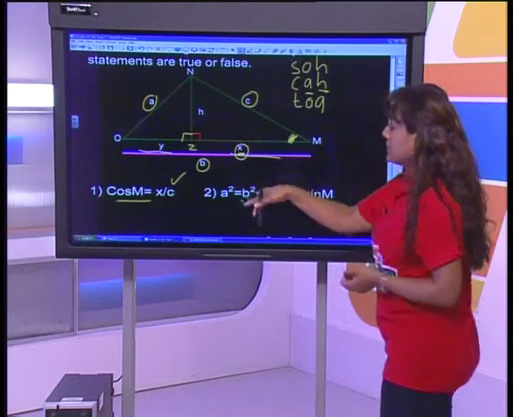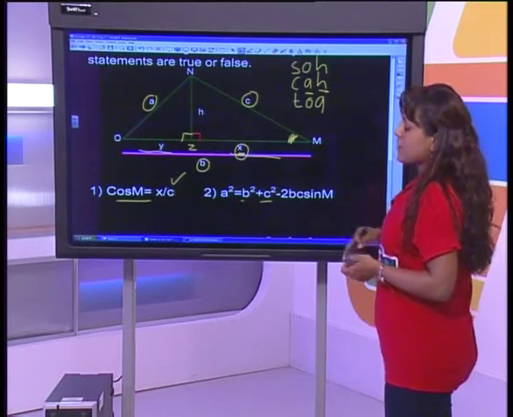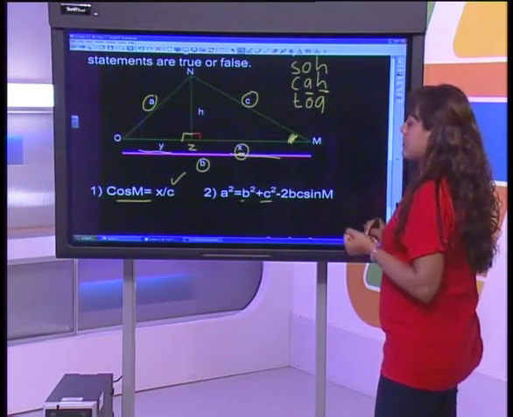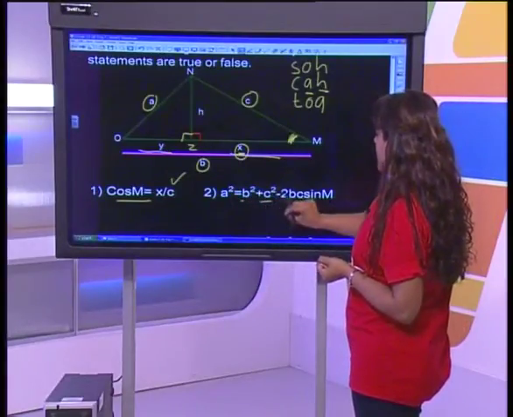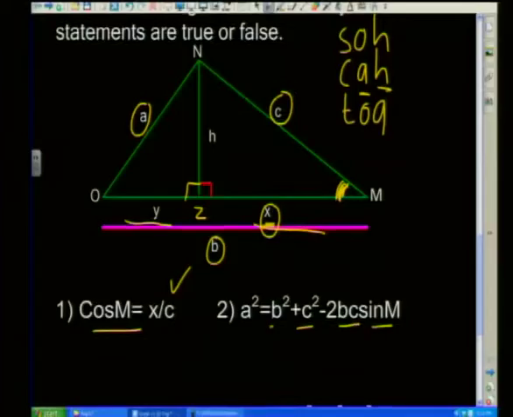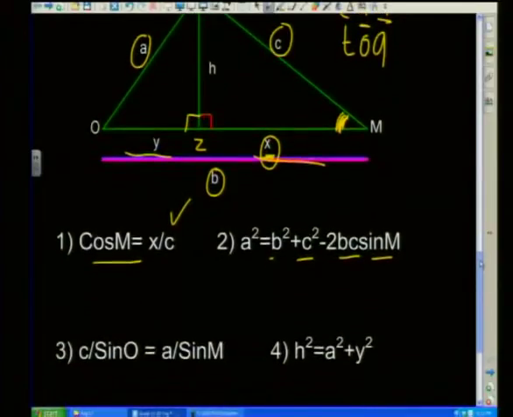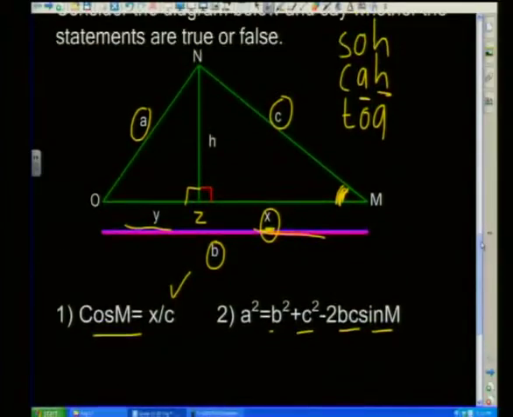As soon as we see these squares in this kind of format, we know we're probably looking at the cos rule. So they say a squared is equal to b squared plus c squared minus 2bc sine of M. And hopefully that rings alarm bells immediately, because if I was using the cos rule, I'd start by saying a squared is equal to b squared plus c squared minus 2bc. All of this is correct so far until we get to this point.